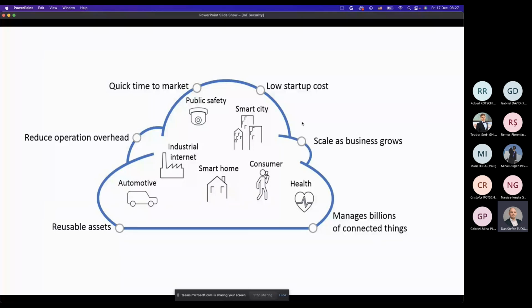Be it some sort of IoT solution which targets the consumer, maybe the health sector, or maybe the industrial or the residential sector. So you might very quickly, in maybe half a year to a year, scale your business up to deploy millions or even billions of such connected devices all across the world.